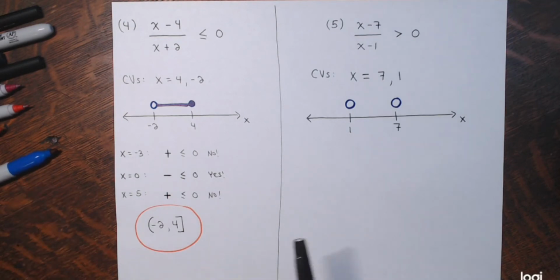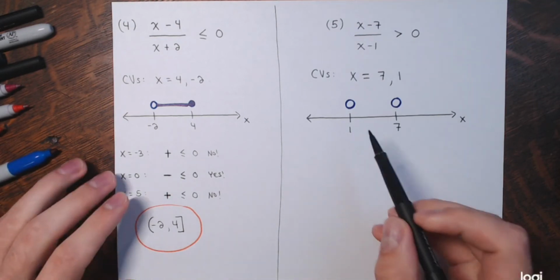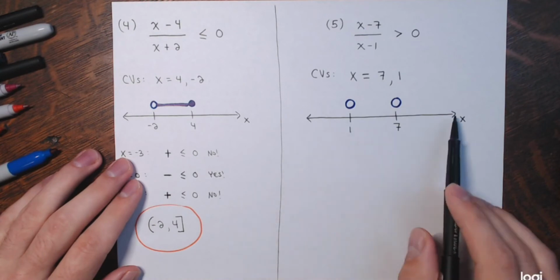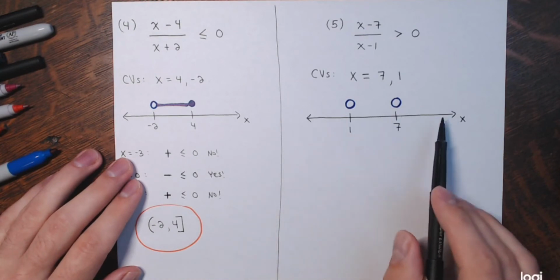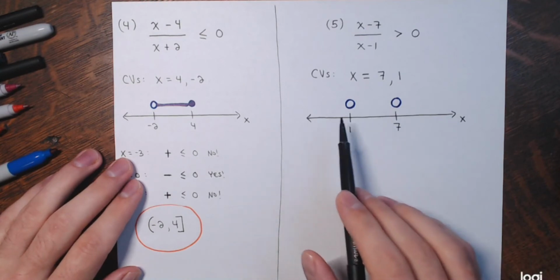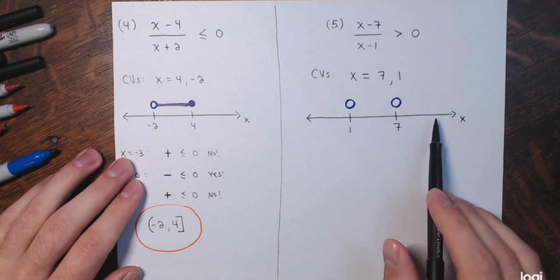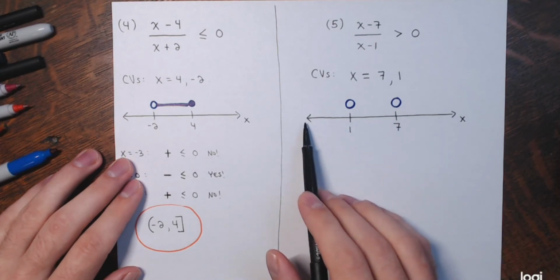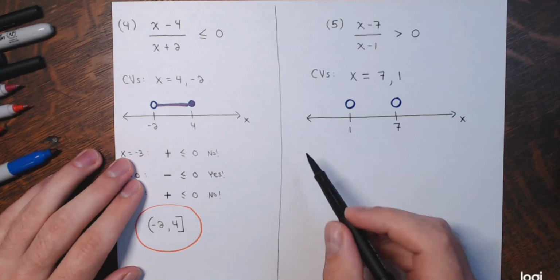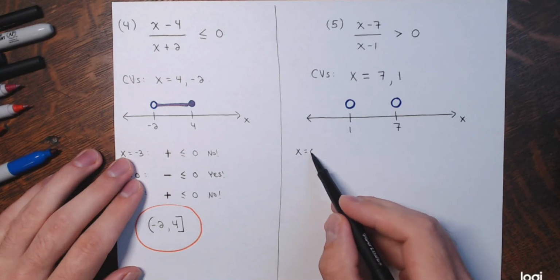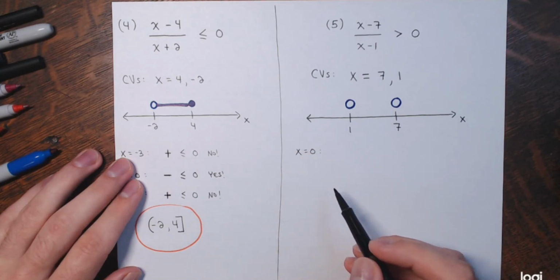Alright, and then just like the first 4 examples, these critical values break the number line up into 3 pieces, 3 intervals. And I'm going to test each of these 3 intervals. To the left of 1, well, 0 is to the left of 1, so I'll test 0. Again, that's an easy number to test most times.